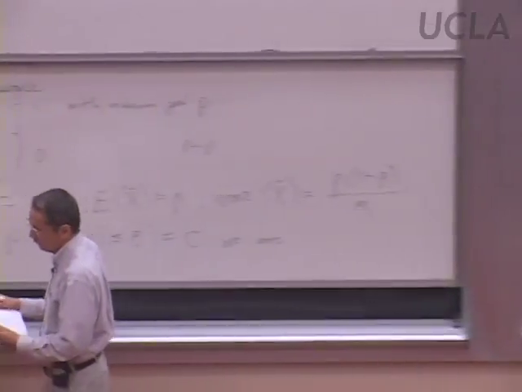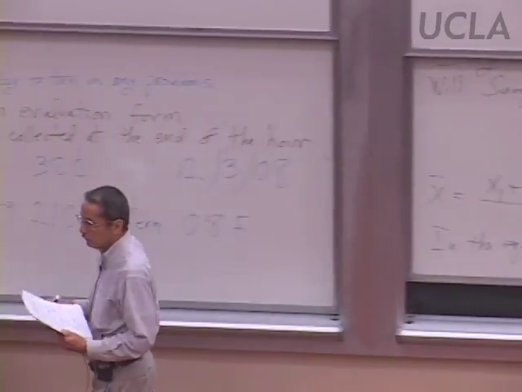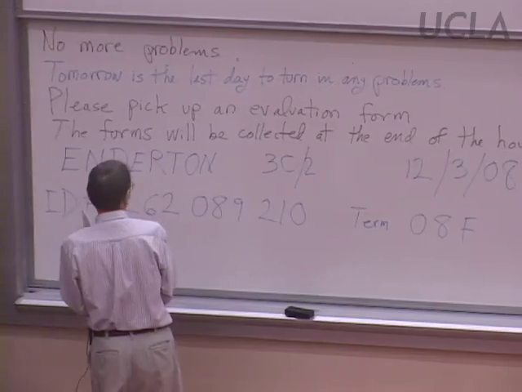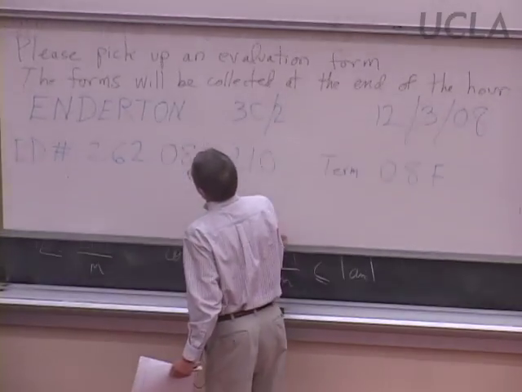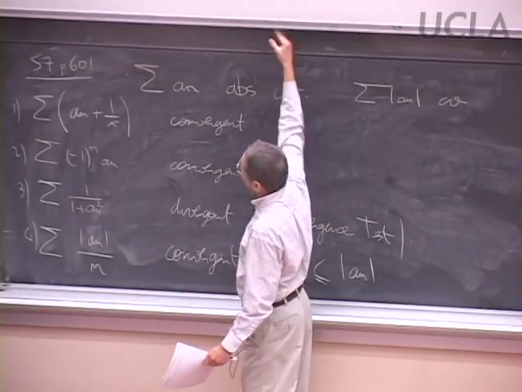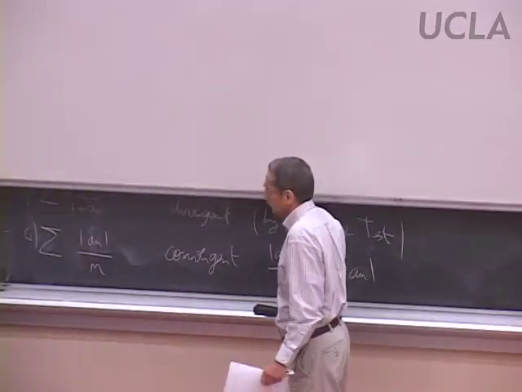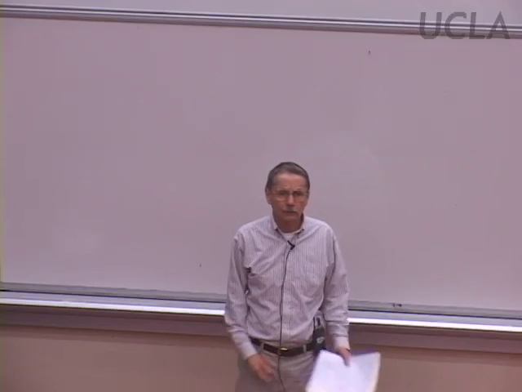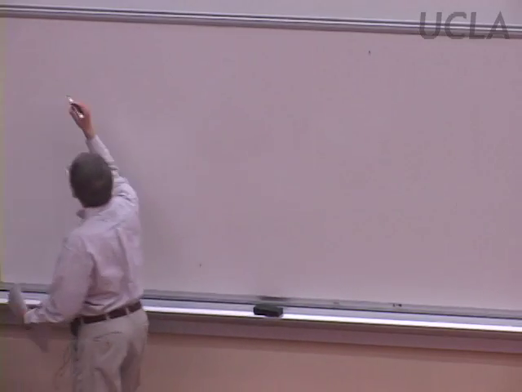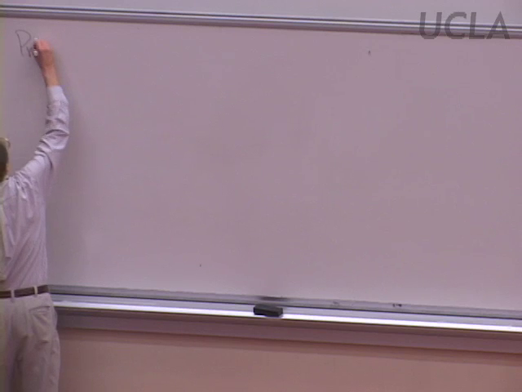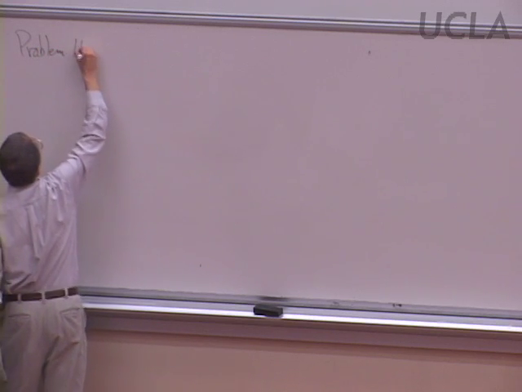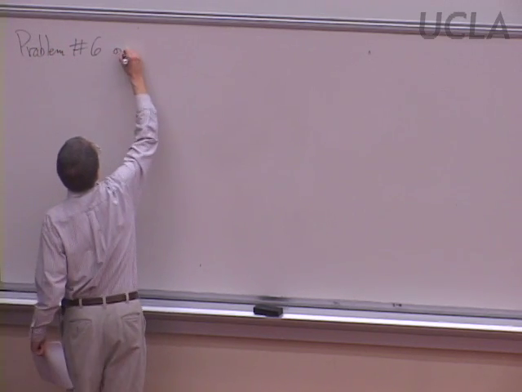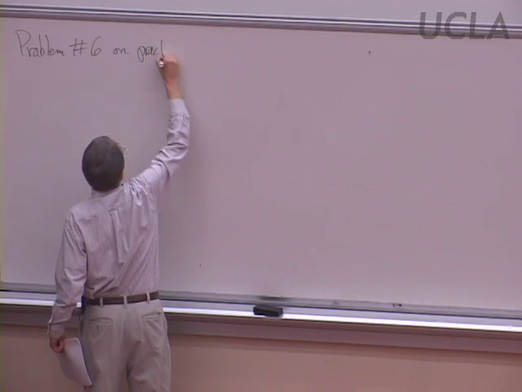Well, let me do another problem in which there are two different things I want to say about it. And this is a problem you've seen before recently. Problem number 6 on our practice second midterm.